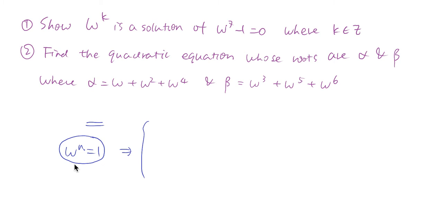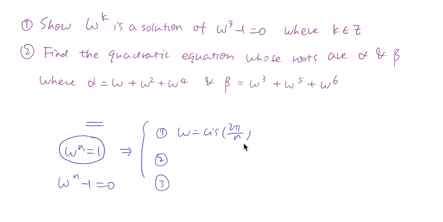Whenever you see w to the power of n equals 1, or w to the power of n minus 1 equals 0, there is no difference, right? You just write down 3 things. First, w equals cis 2 pi over n, because w is the first non-zero argument.